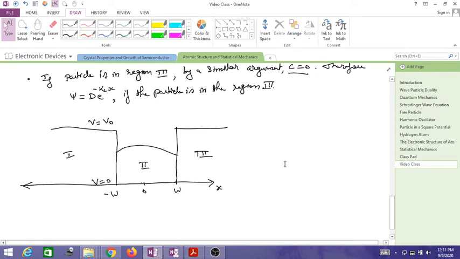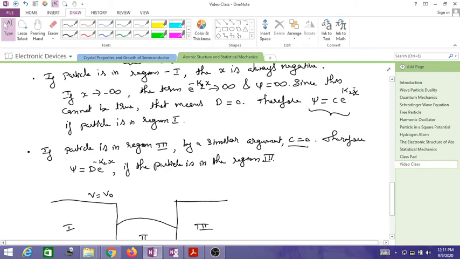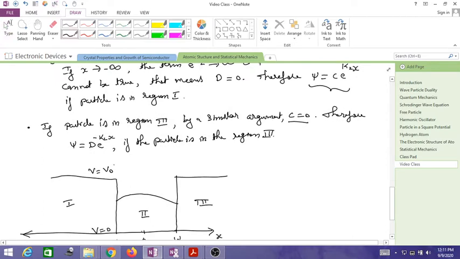Now what happens as the value of x keeps going negative? In this equation, e power plus k x with negative x is a decaying exponential. So on this side the wave function will look something like this, but it will never go to 0 because the exponential term never goes to 0.